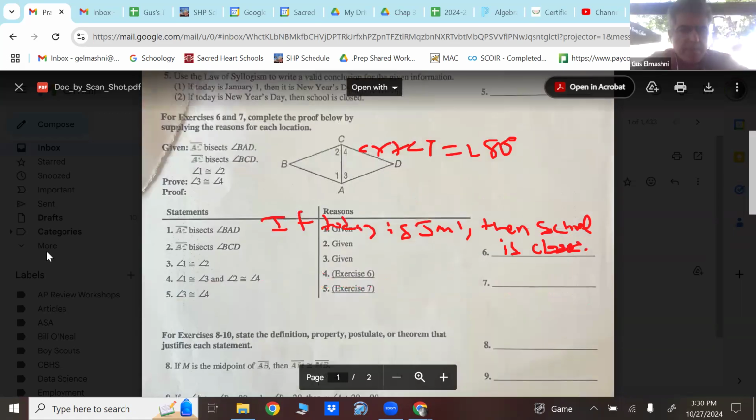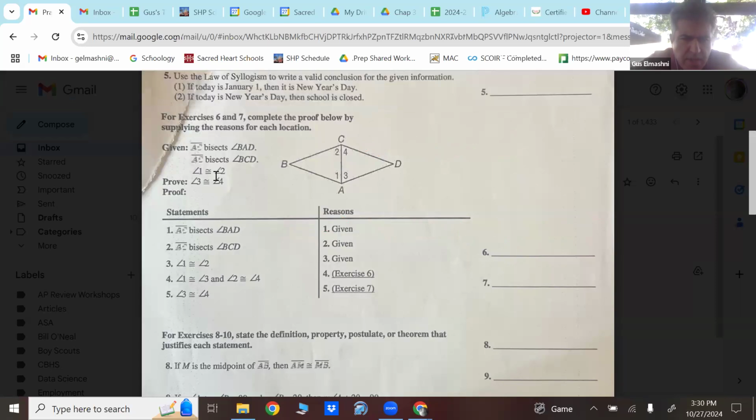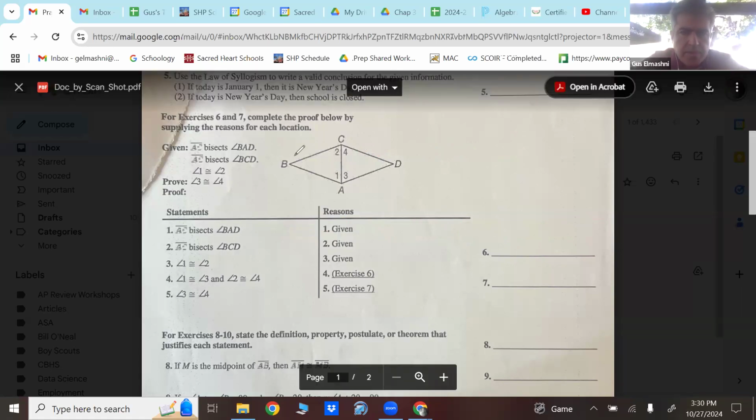Now 6 and 7. AC bisects angle BAD, and also bisects angle BCD. And 1 and 2 are the same, so then all these are the same. So obviously the three things are given.